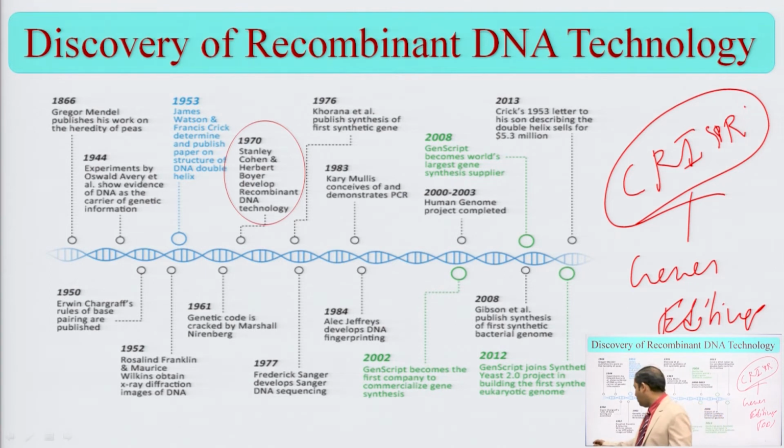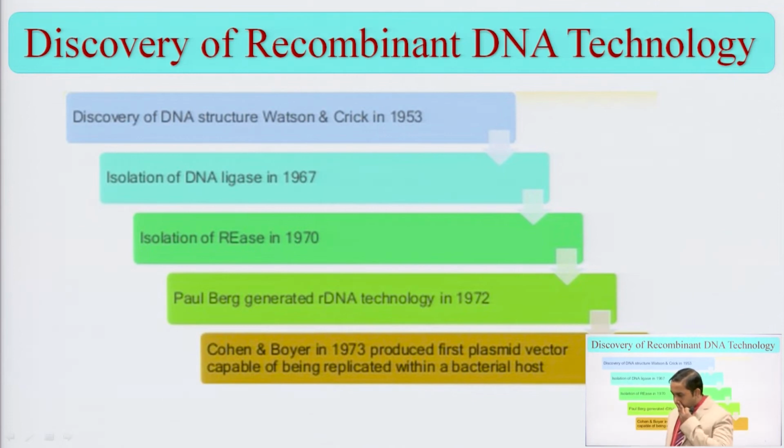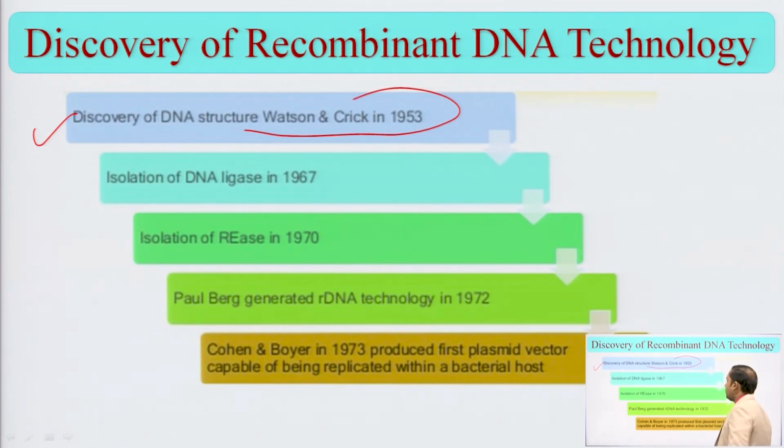So, you can see that this technology is relying on Stanley Cohen's recombinant DNA technology. Now, I already mentioned these things. Let me tell you in great detail. The discovery of DNA structure was done by Watson and Crick in 1953, then isolation of DNA ligase happened in 1967.